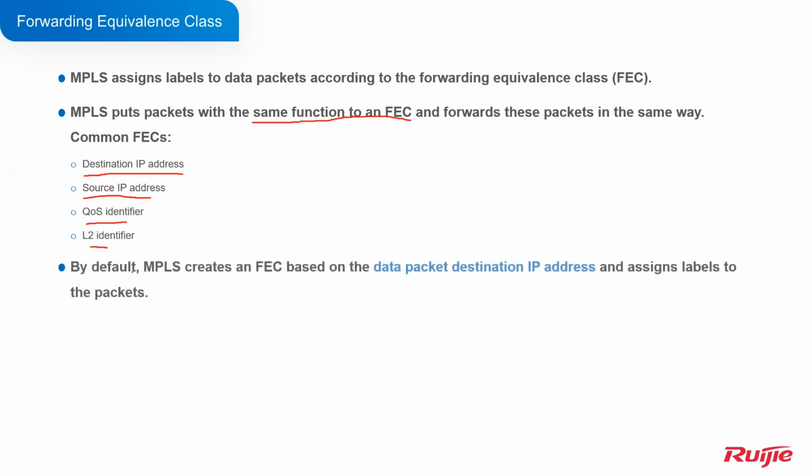By default, MPLS creates an FEC based on the data packet's destination IP address and assigns labels to the packets. So this is the basic one. Later, when we explain the commands, we will also check the MPLS label assignment. You can find some special routing information, and we assign a label to each destination IP address, right?